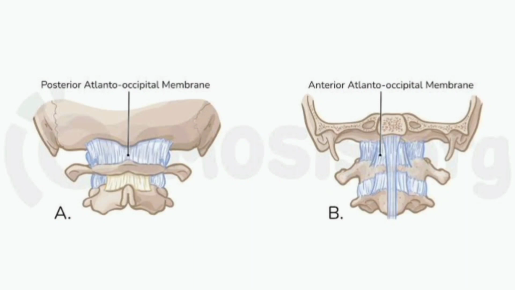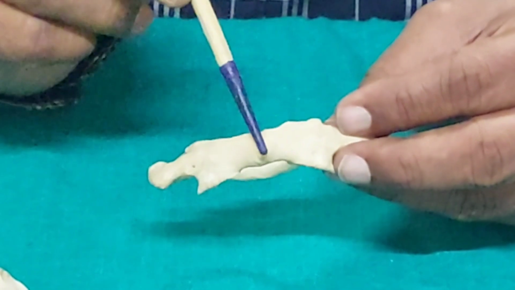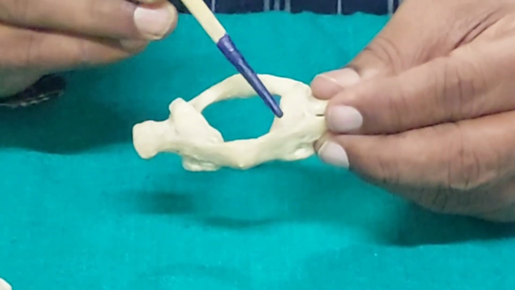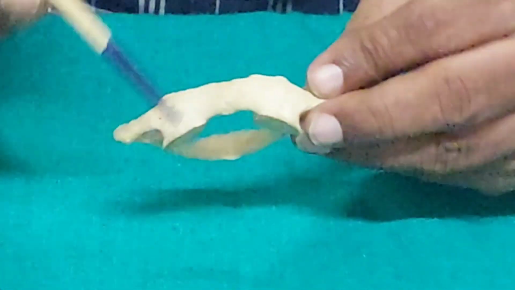So in summary, what are the important attachments of the first cervical vertebra? I told you already, I am just repeating once again. This is the anterior tubercle, the attachment is the anterior longitudinal ligament. Then the upper border of the anterior arch, this is the upper border, this is the lower border.